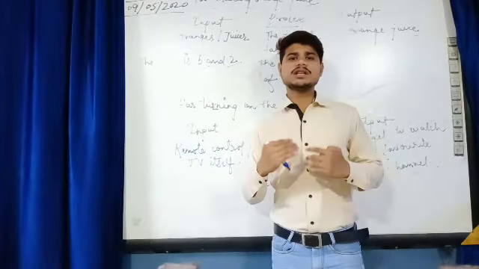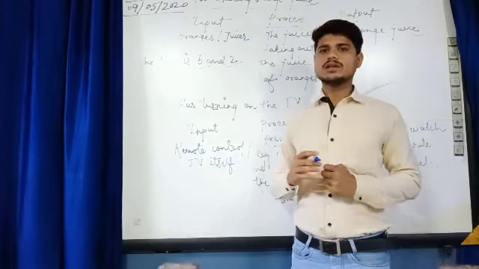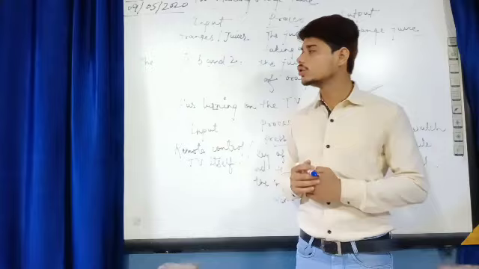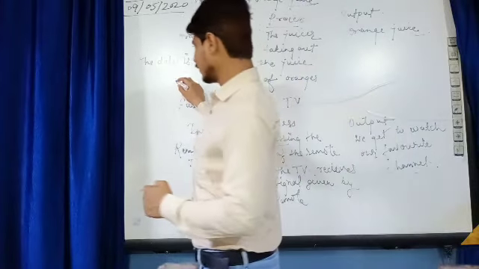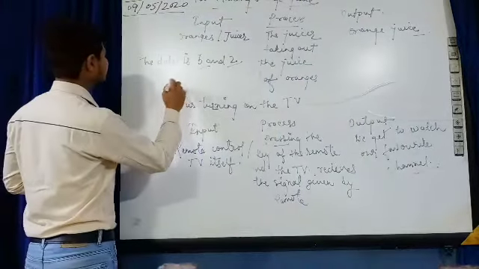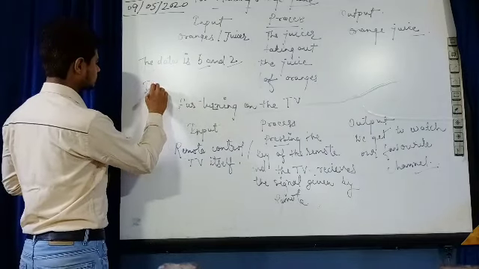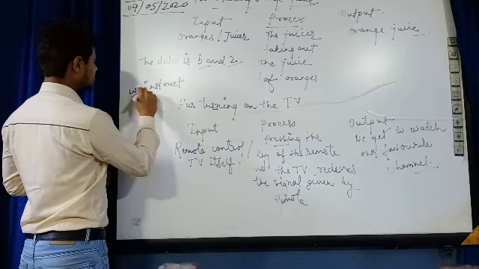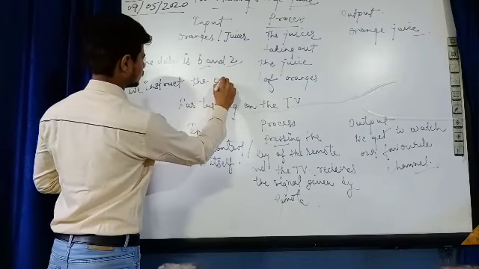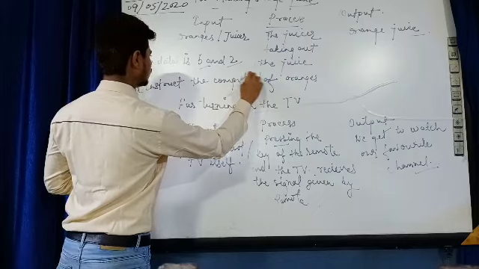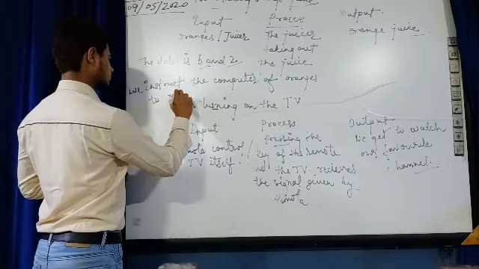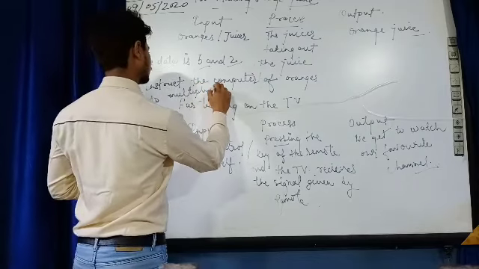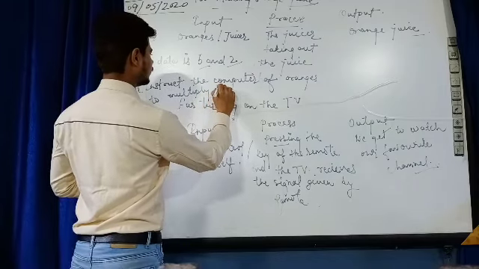It means we have to tell the computer what it has to do. So we instruct the computer to multiply 5 by 2.